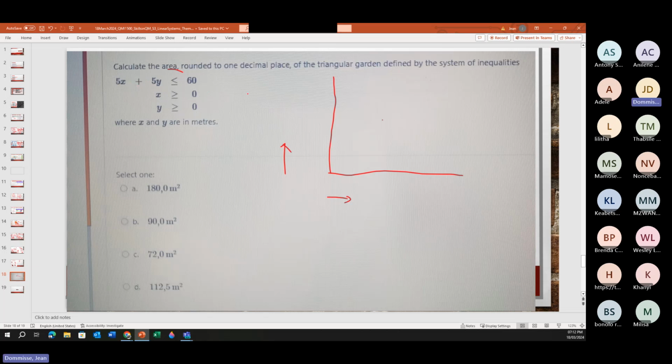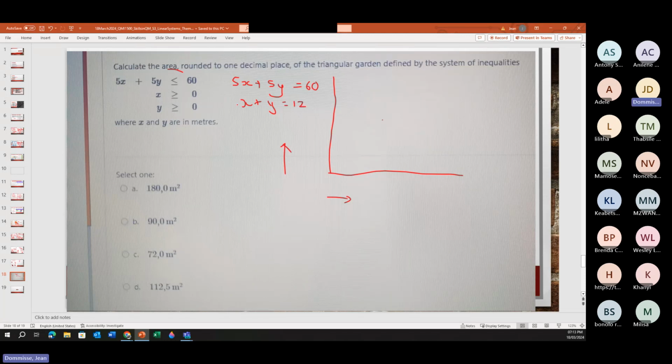We had this formula, so let's first do this so that we can get just the linear equation. If we divide by 5, x plus y is equal to 12.